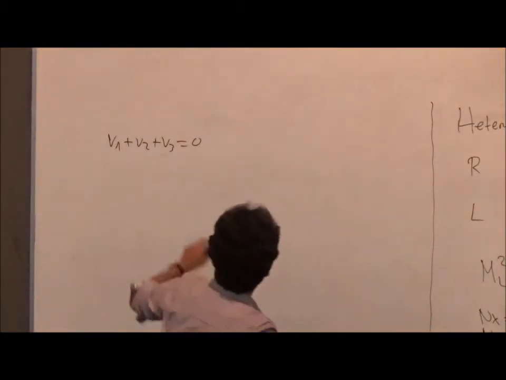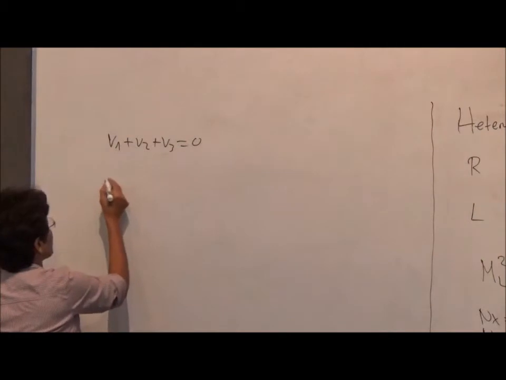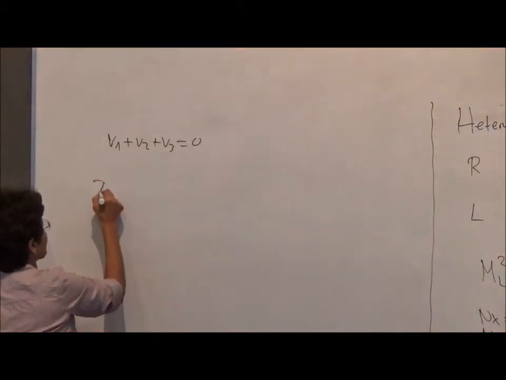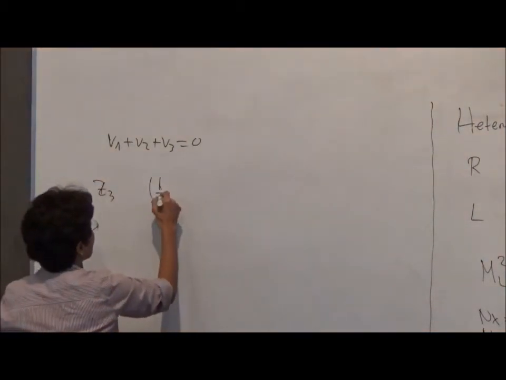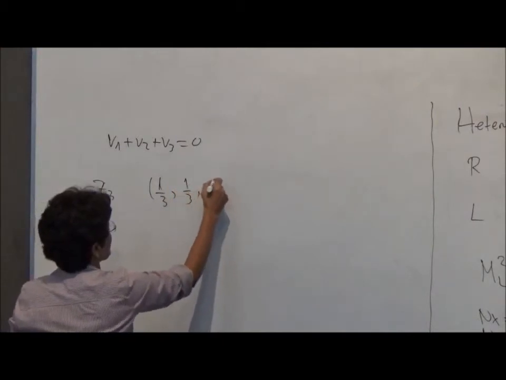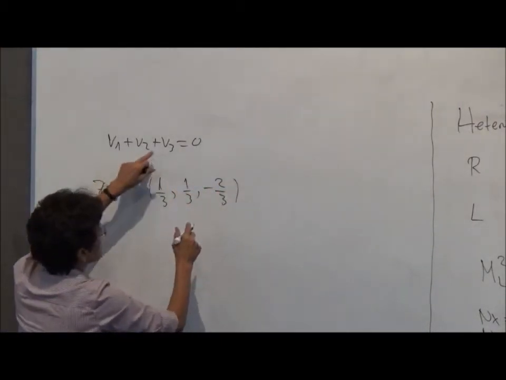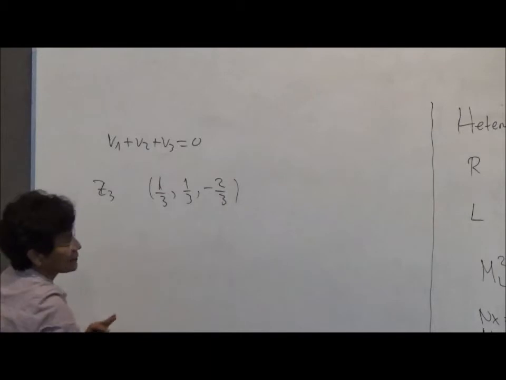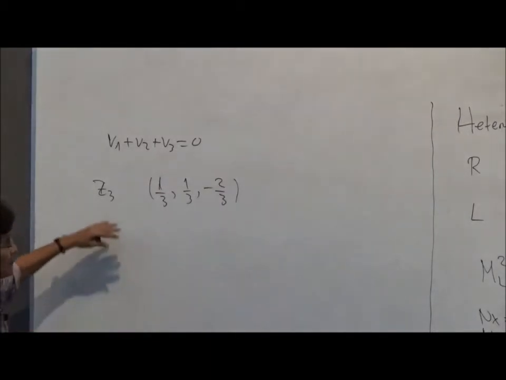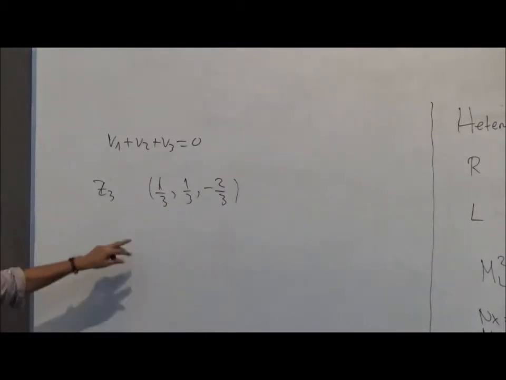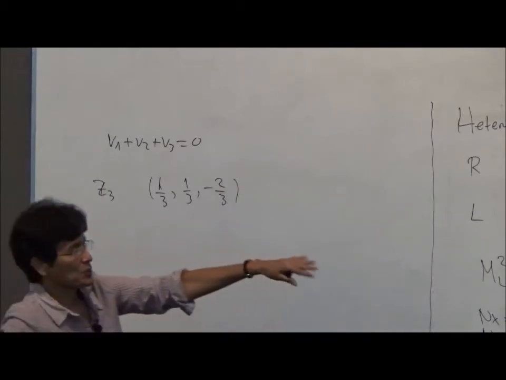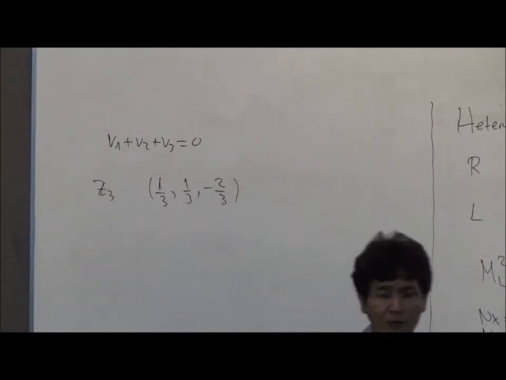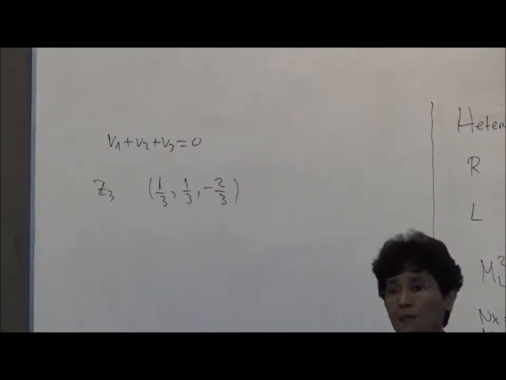So one example that we will do is Z_3. For Z_3 you get v_1, v_2, v_3 put in a vector form. And then you can tell me which of these are invalid.